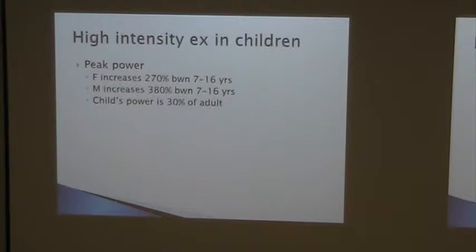The phosphagen energy system. So if we look at this, we see that females have a big increase, 270%, between ages 7 to 16. Part of that might be muscle mass, part of that might just be getting used to doing it. Males have a 380% increase. So that's a huge increase.